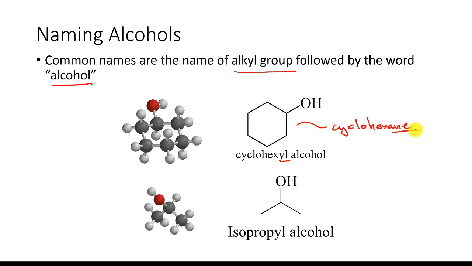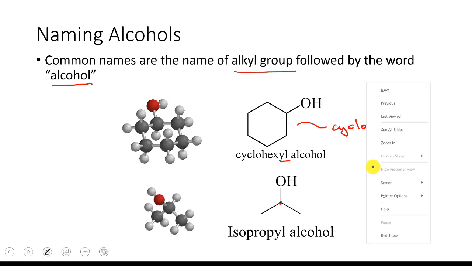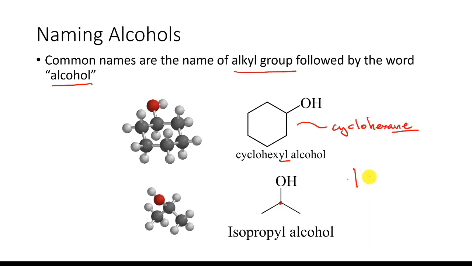Isopropyl alcohol would have three carbons, right, and the OH connected on the central carbon. Now, what would you call this? I'll draw one for you. And let's see if you can find the common name, and this is where you would pause and try to remember what this alkyl group is called, and then give it the common name for that alcohol. Okay, so this is a t-butyl group.